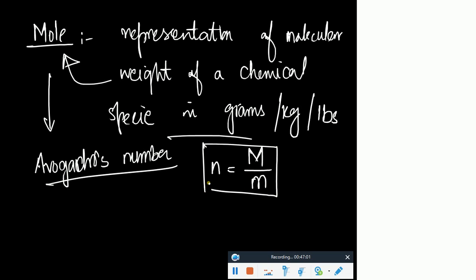If I ask you how many moles are there in a certain number of kilograms, you can use this relationship. This is the molecular weight, and this is the total mass. You can see that it is the number of moles. And please remember, we can define it in terms of grams, kilograms, and pound force.